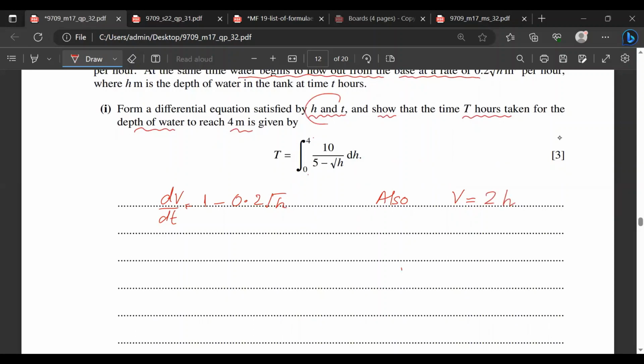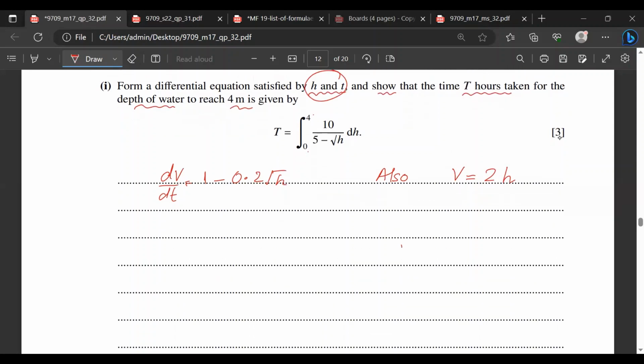So we're looking for the differential equation satisfied by h and t. We have V equals 2h. You can differentiate this with respect to time. So dV over dt is equal to 2 dh over dt. Say this is number 2 and this is number 1.